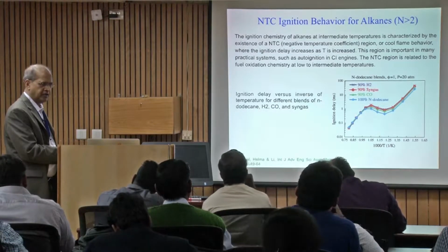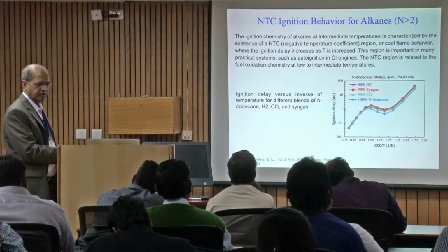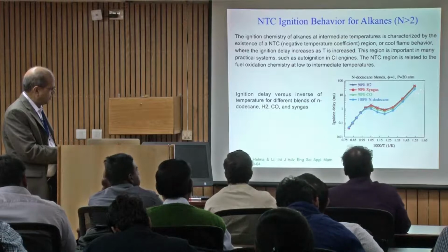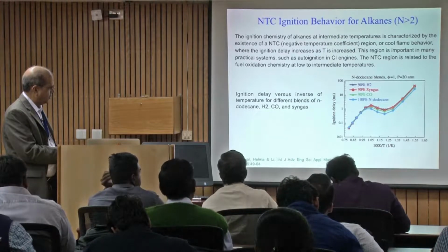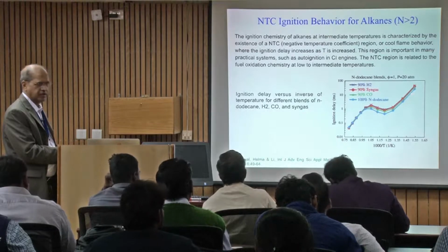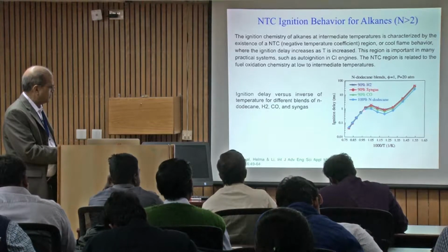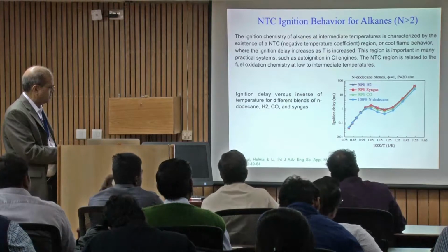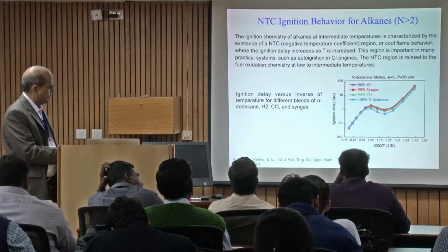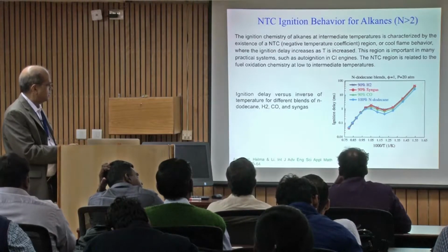Here the low temperature kinetics becomes very important. At very low temperatures, you have the normal behavior: you decrease temperature, ignition delay increases. At very high temperature, same behavior. But at intermediate temperatures around 700, 800, 900, you get this NTC behavior.